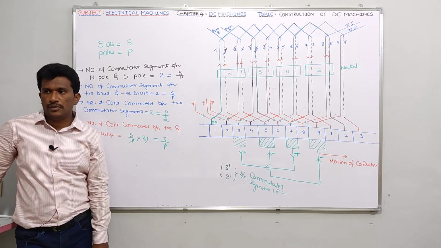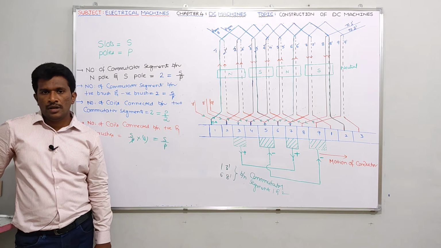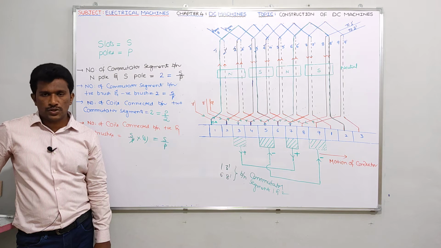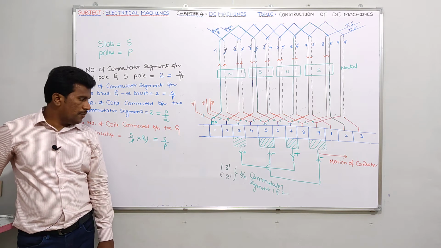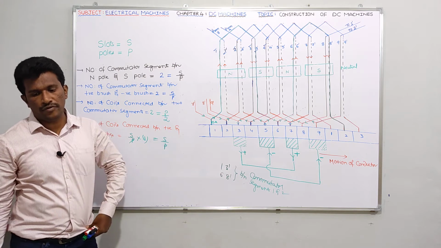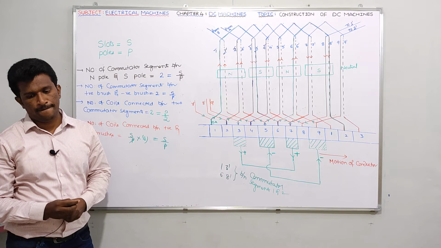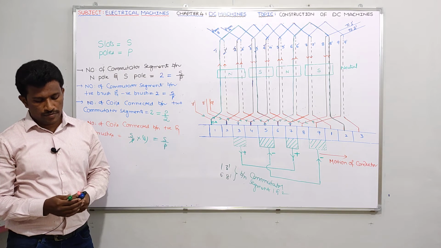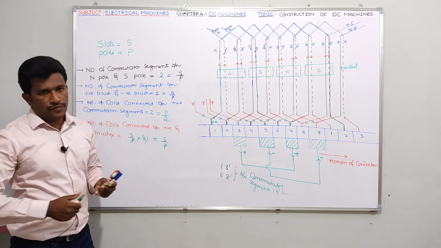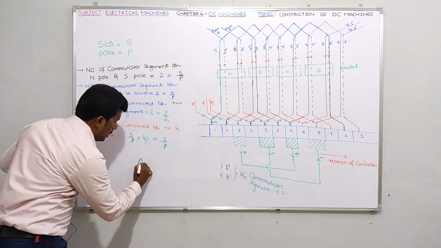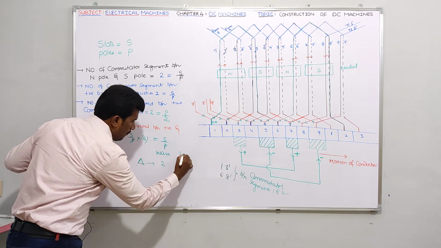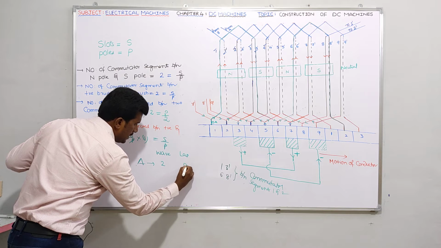Therefore in lap winding, the number of parallel paths equals the number of poles. So I think I already told you: the number of parallel paths in wave winding is 2, and in lap winding it equals the number of poles, P.